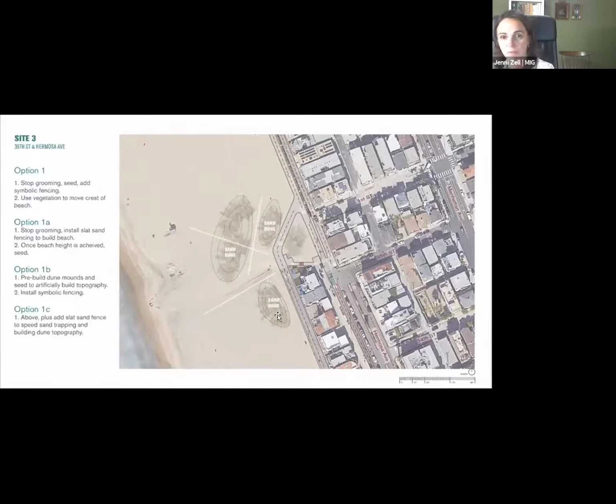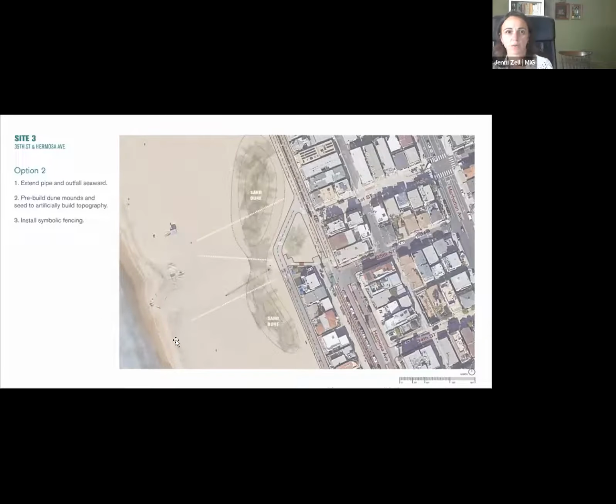And so this does provide habitat value and some protection from that sand migration, but what it doesn't do is provide flood protection in that storm event, because this still leaves that outlet in place. And the next option would be to mechanically pre-build a dune and make that elevation.